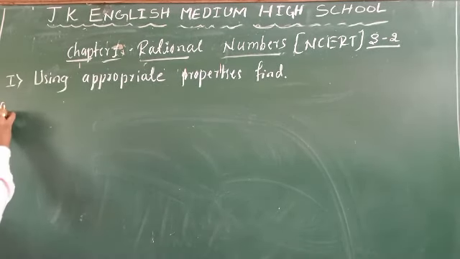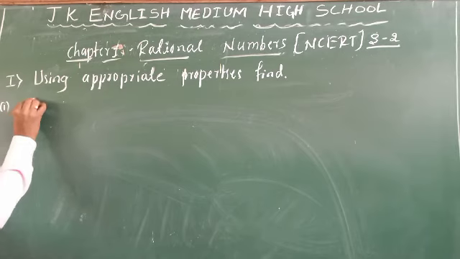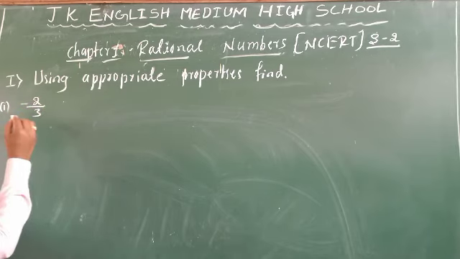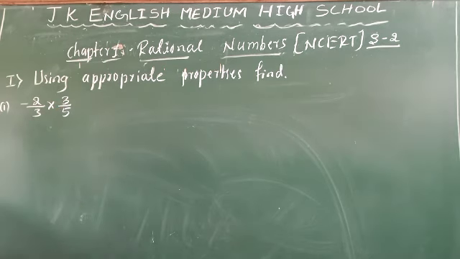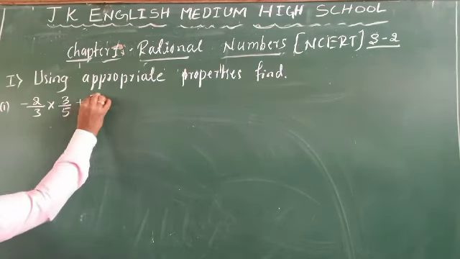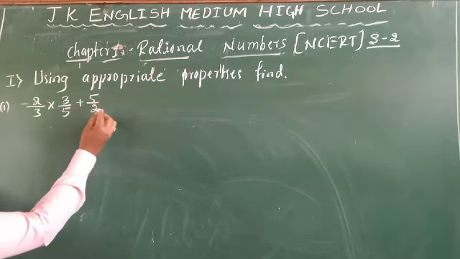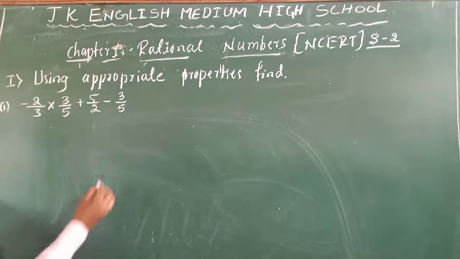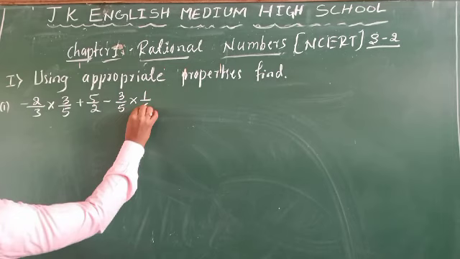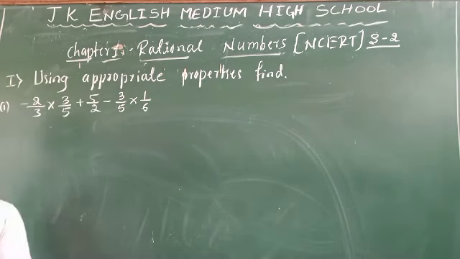There is a sub question. Minus 2 by 3 into 3 by 5 plus 5 by 2 minus 3 by 5 into 1 upon 6.